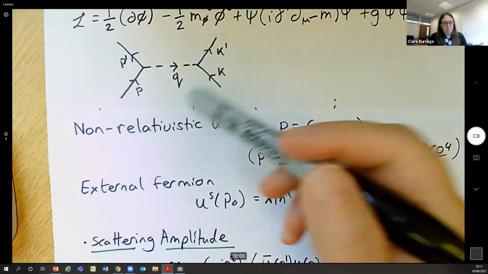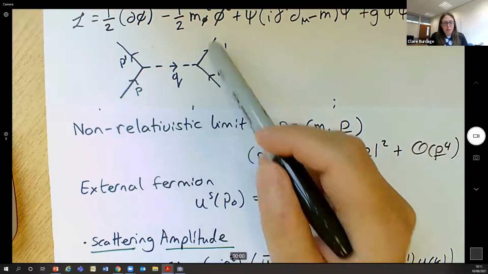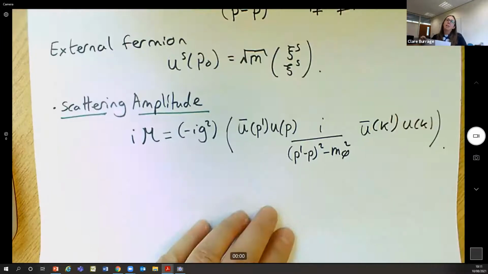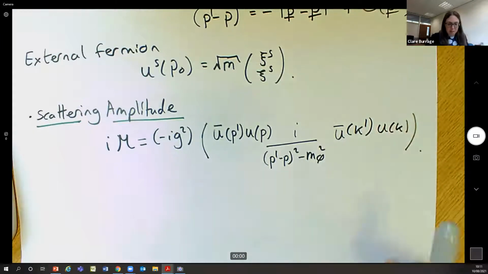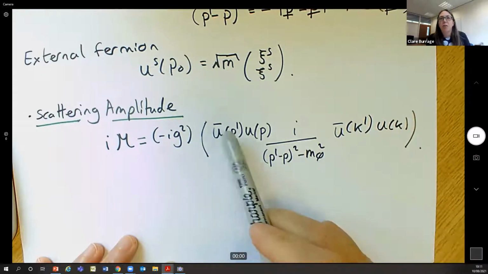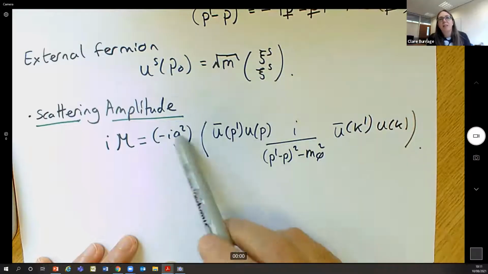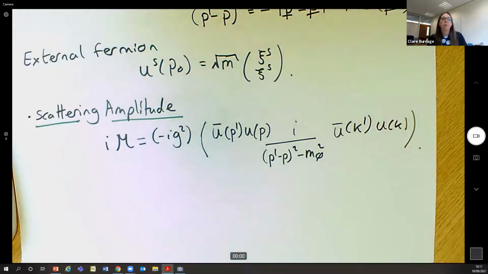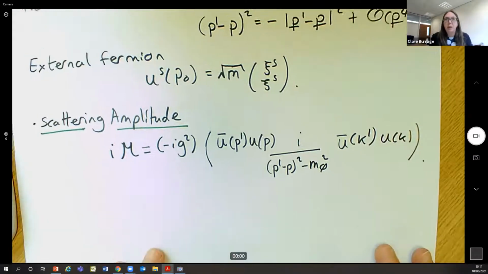So putting those pieces together, let's just have our diagram back. If we remember what we really need, we've got 4 external fermions here, 2 vertices and a scalar propagator. And that gives us a scattering amplitude that looks like this. So we've got our scalar propagator in the middle, our 4 external fermions, and 2 factors of g that are coming from our 2 vertices. And then, as I said, we're going to take the non-relativistic limit.